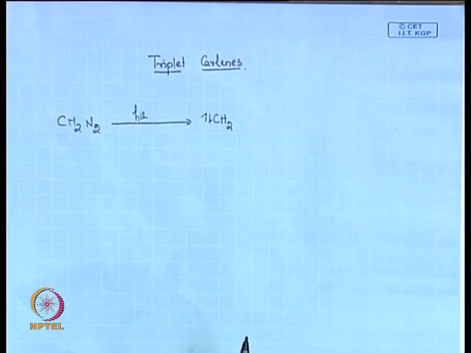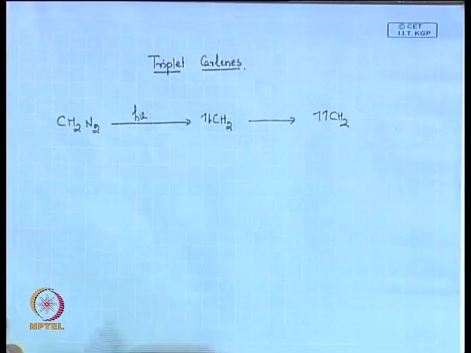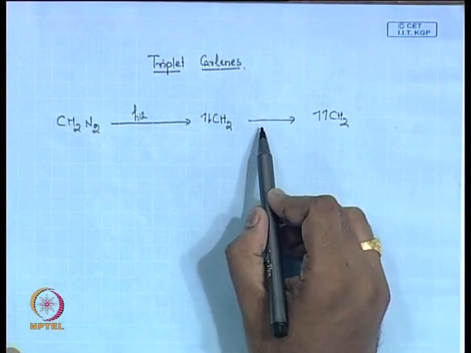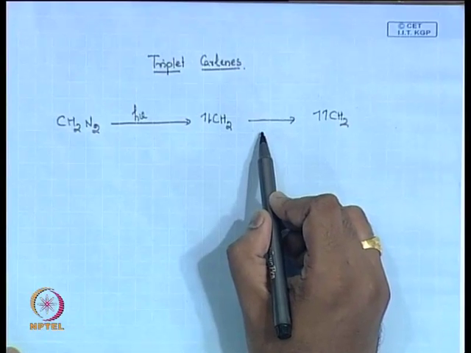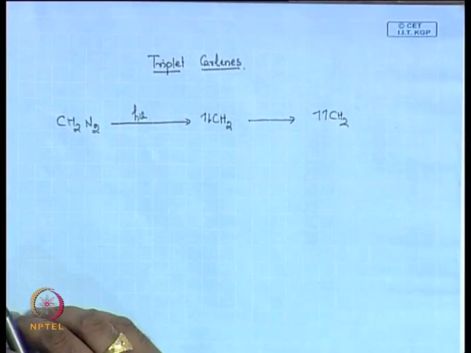If you try to do it in the gaseous phase, do it at low pressure also. If you have all these criteria, you can make your triplet carbene. So there are many criteria: inert, low temperature, low pressure, gaseous phase, and you get your triplet carbene.